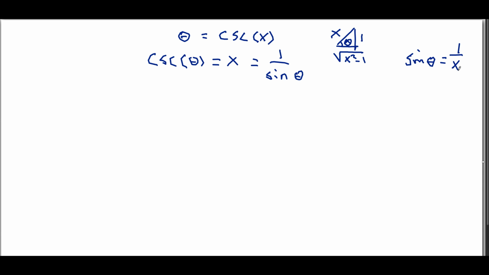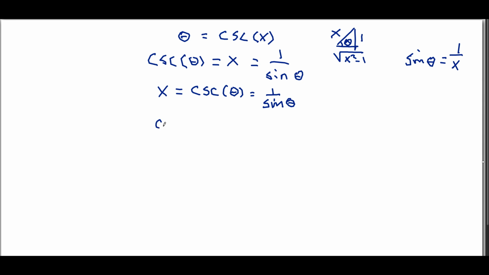Okay, so, if that's the case, then we have our triangle written properly, and we have x equals cosecant of theta, which is equal to 1 over sine of theta.